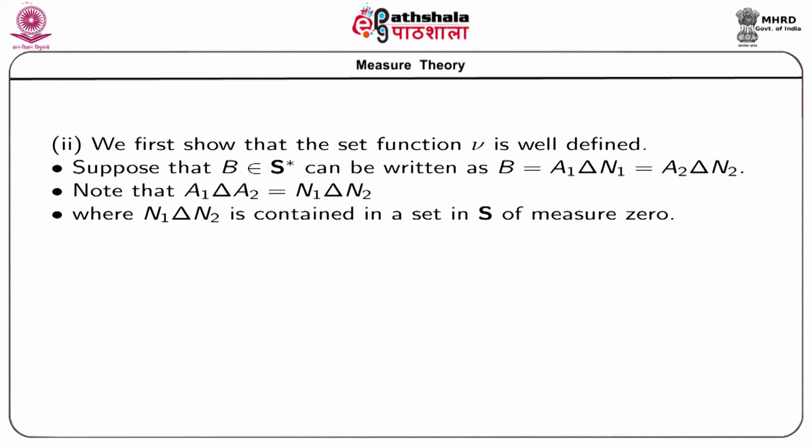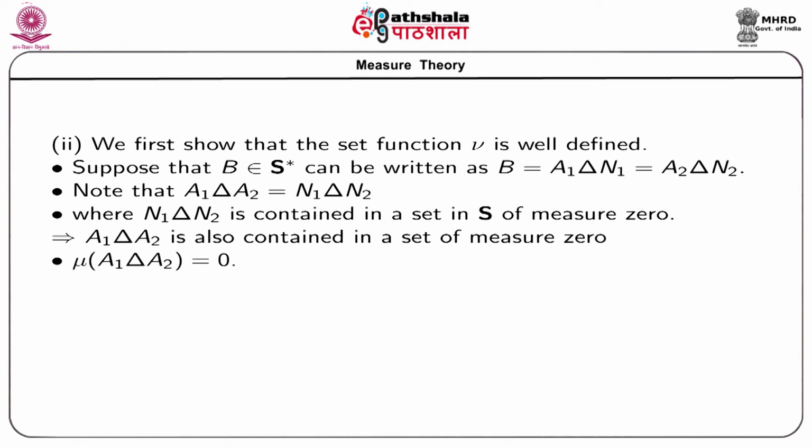Note that then A1 delta A2 is equal to N1 delta N2, where the set N1 delta N2 is obviously contained in a set in S of measure 0.